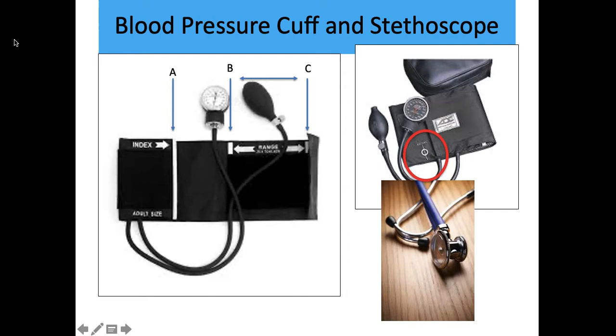And so what you want to do is align that little arrow that says artery to where you found the artery on the patient. That's so that when you put the cuff on, the bladder inside the cuff is oriented to the brachial artery. So when you do inflate the cuff, it puts pressure on the brachial artery and cuts off the flow of blood, allowing you to obtain a blood pressure.